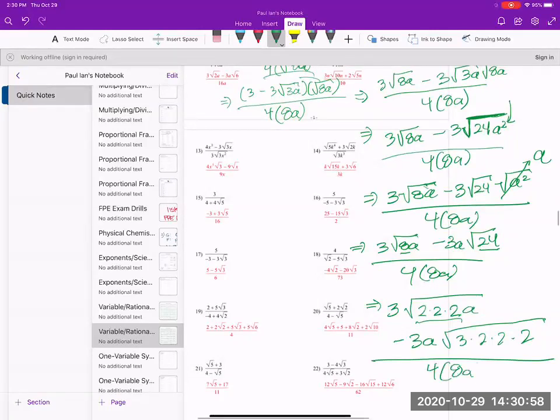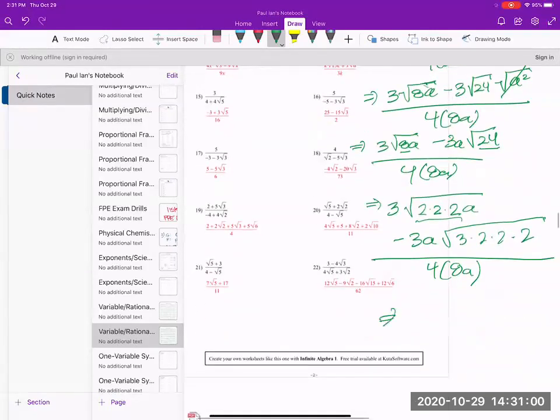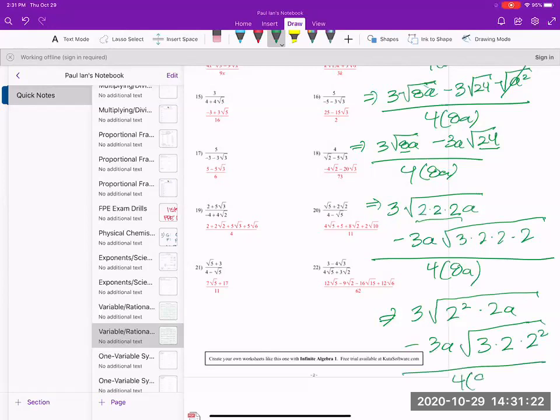So 8a. And then so now 2 times 2 is 2 squared, right? Yeah. So let's try to write that simply. So 2 squared times 2a minus 3a. 3 times 2 times 2 squared divided by 4 times 8a.